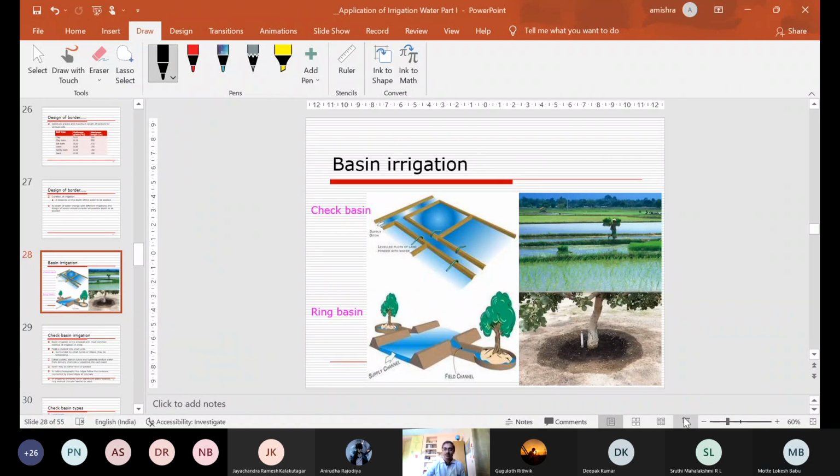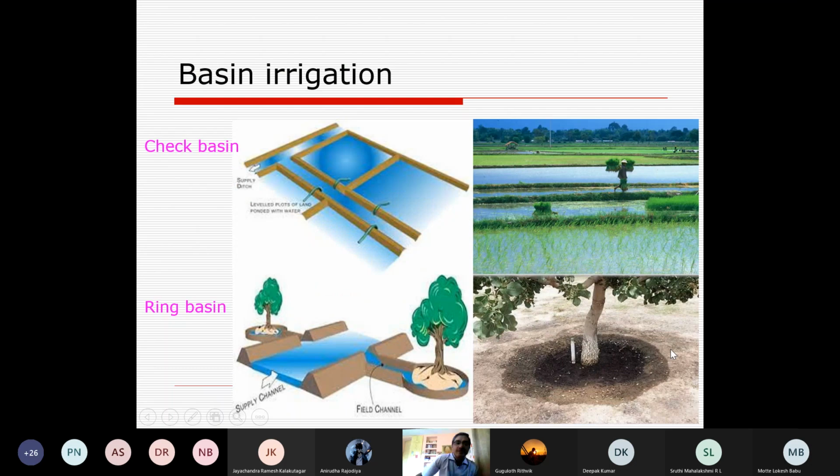That is required. Now, the second is unflooded condition, uncontrolled flooded irrigation in surface irrigation: border, then basin, and finally the fourth one is furrow. So the second is the basin method of irrigation. It's a simple idea. There are two names: check basin.